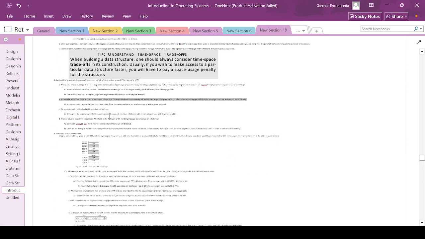It should be noted that there is a cost to multi-level tables. On a TLB miss, 2 loads from memory will be required to get the right translation information from the page table: one for the page directory and one for the PTE itself.